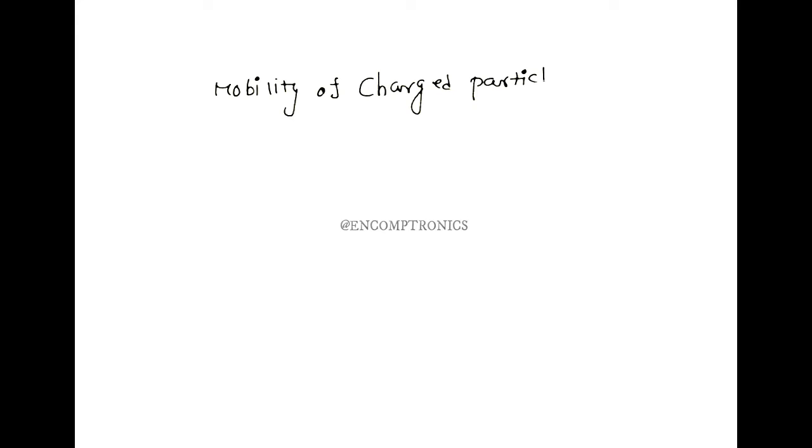The next topic is mobility of charged particles.